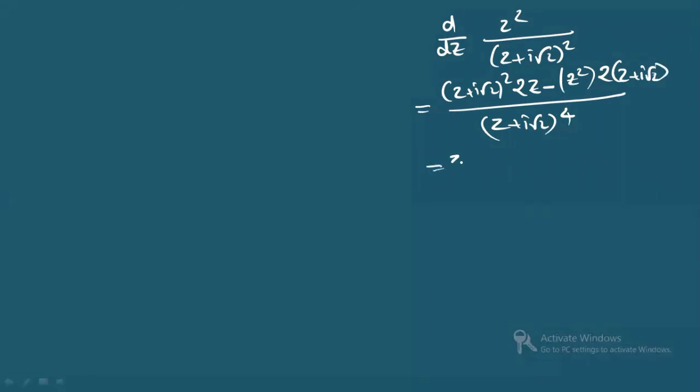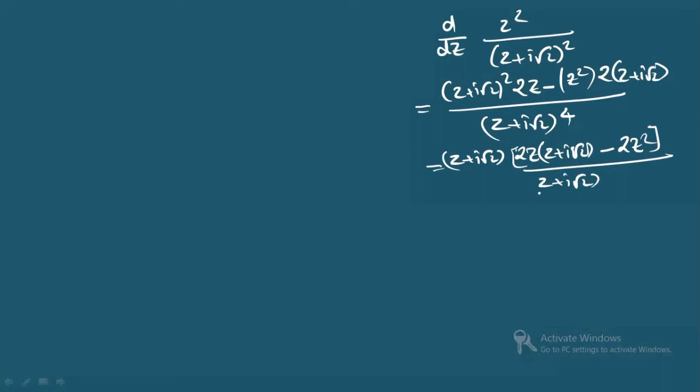Now if I take z plus i root 2 common from both the terms in the numerator, here I will have 2z (z plus i root 2) minus 2z square, and in the denominator you will have (z plus i root 2) whole cube.